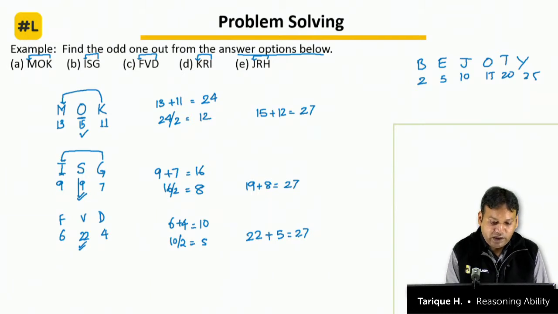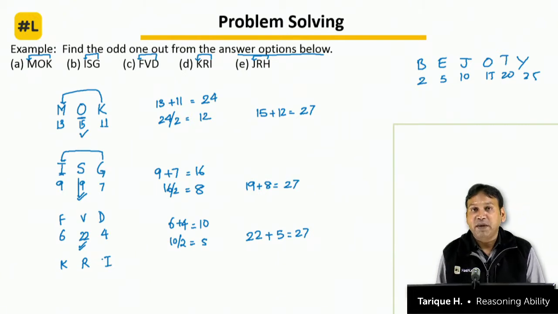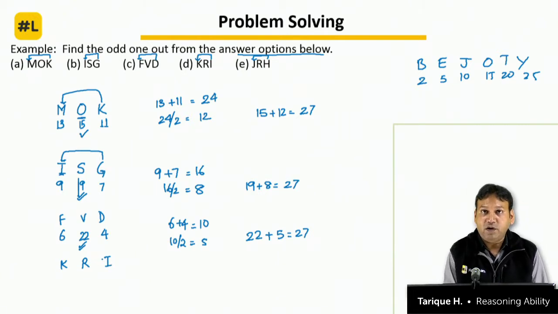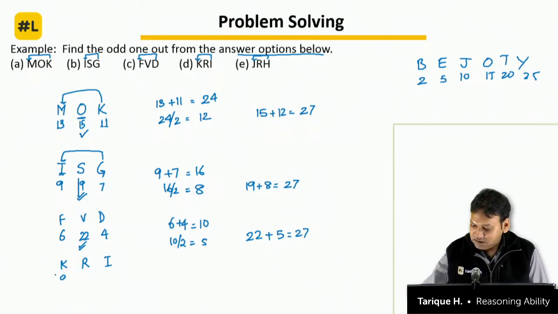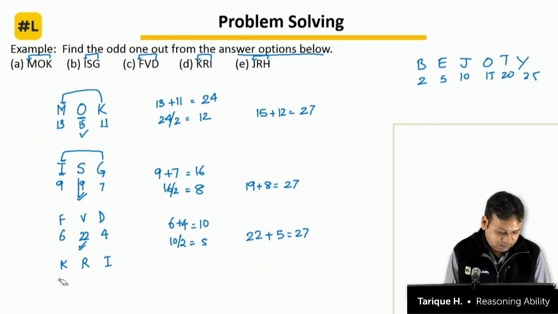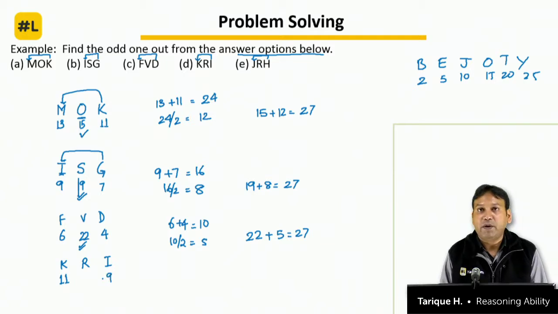Let's check one more, KRI, because once we check KRI, we'll know whether the answer is KRI or the other one out. So if KRI also follows the same logic, then the odd one out will become JRH. K is the 11th letter, and I is the 9th letter, okay.